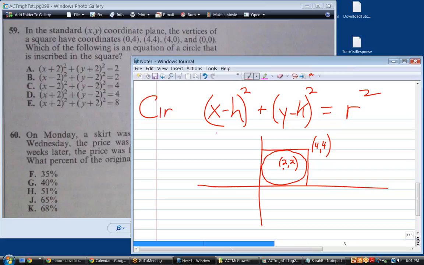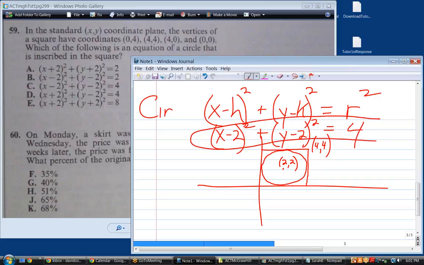X and Y, no matter what you use. Always x and y. In other words, the specific equation is going to have both x and y in it, but it's going to have h, k, and r filled out. What's the radius? 2.